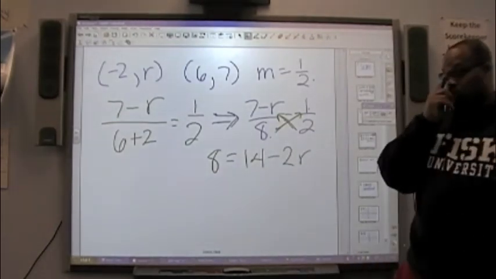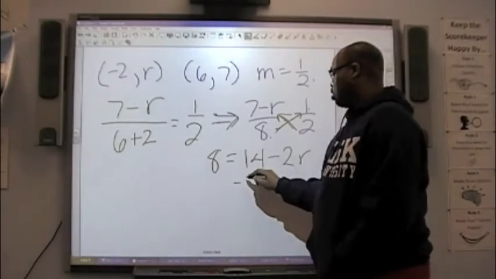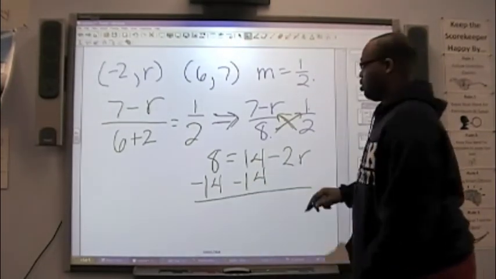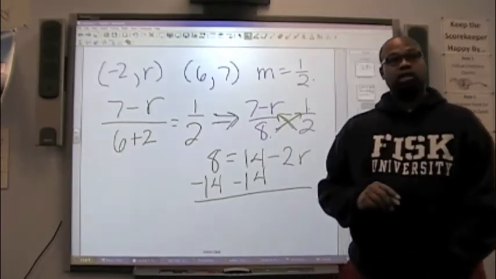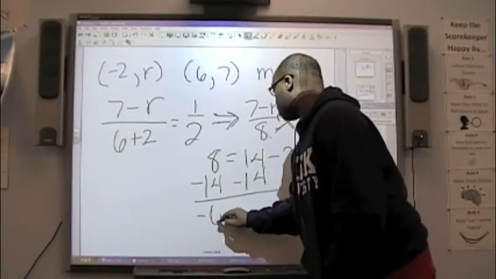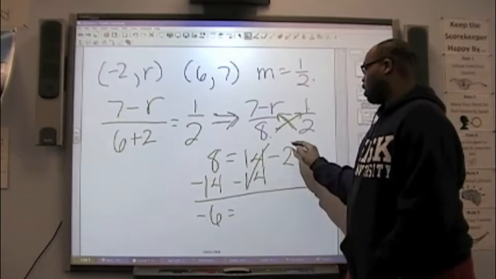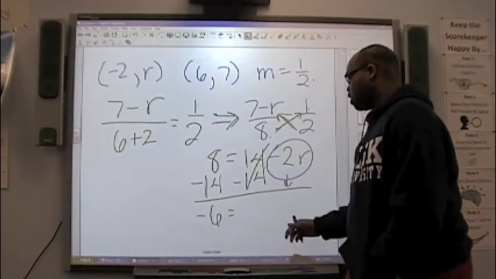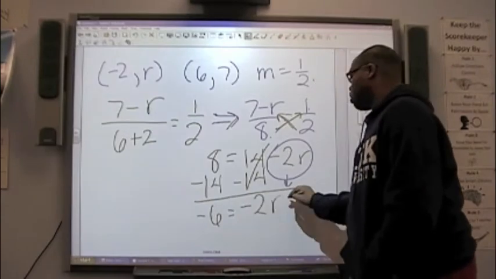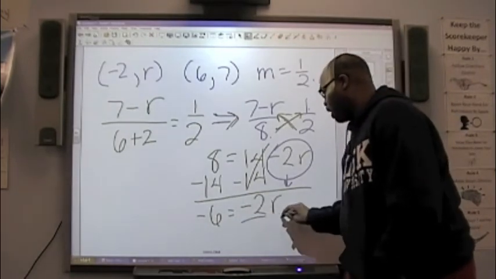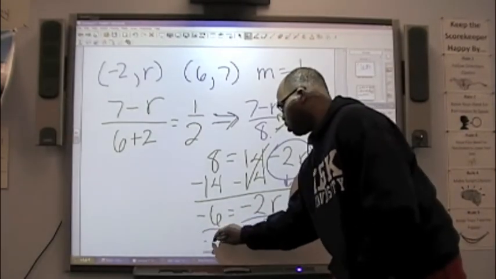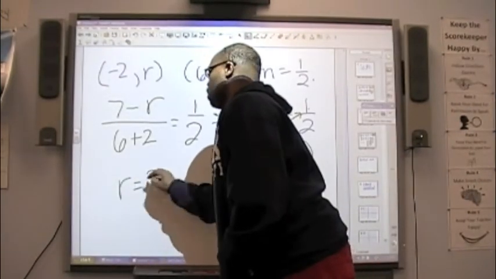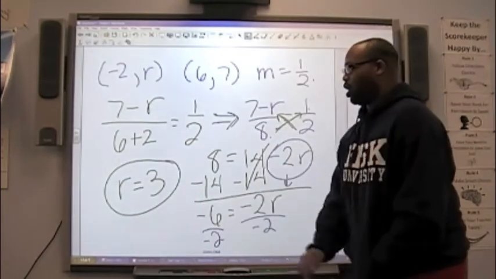Now I'm going to continue solving for r. Subtract 14 from both sides. 8 minus 14 is a negative 6. That's gone. We're going to drop down that negative 2r, not just the 2. Divide both sides by negative 2. And we know that r is equal to positive 3. Negative divided by negative.